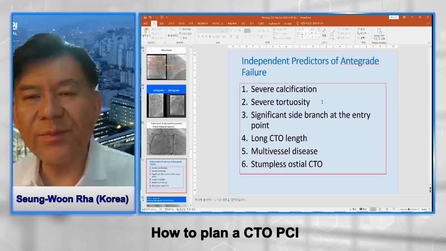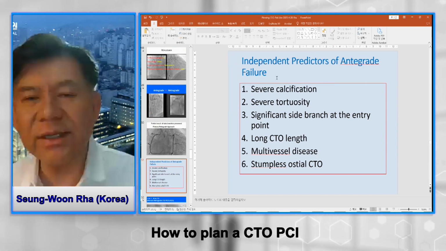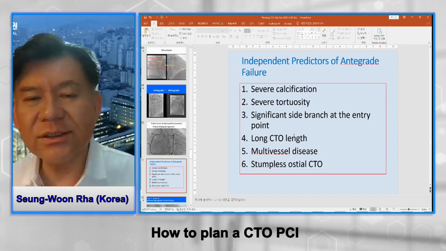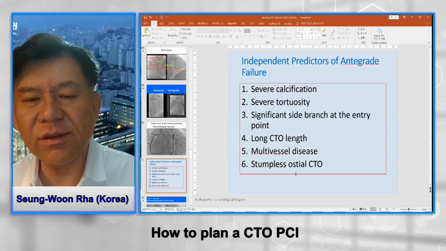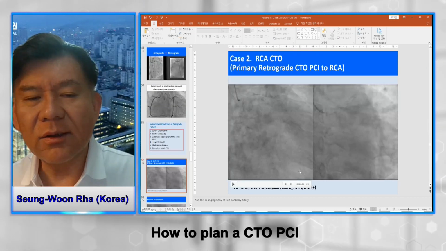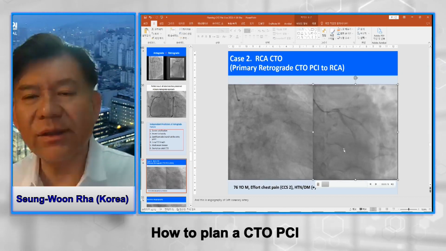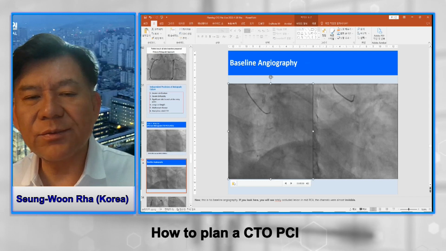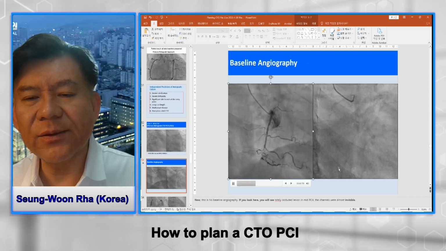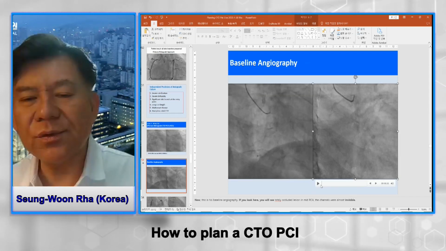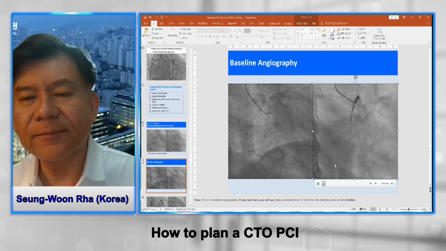So the conventional independent predictors we know are calcification, tortuosity, branch, long CTO, multivessel, and stumpless architecture. These are options for primary CTO. So despite a short RCA CTO, we can do a short CTO attempt.